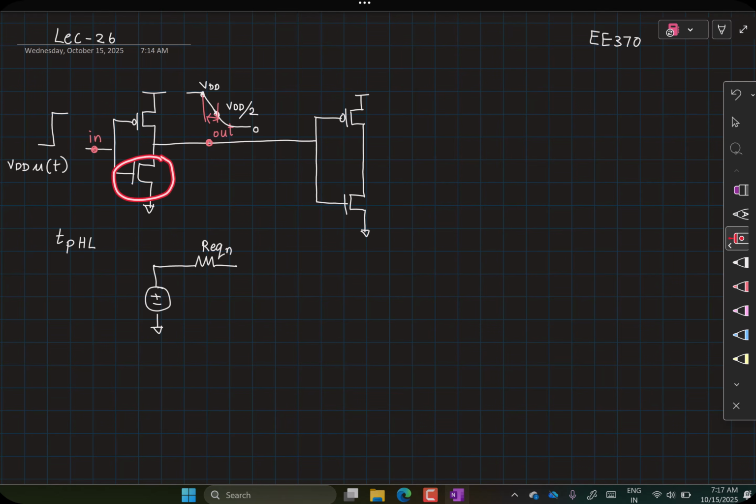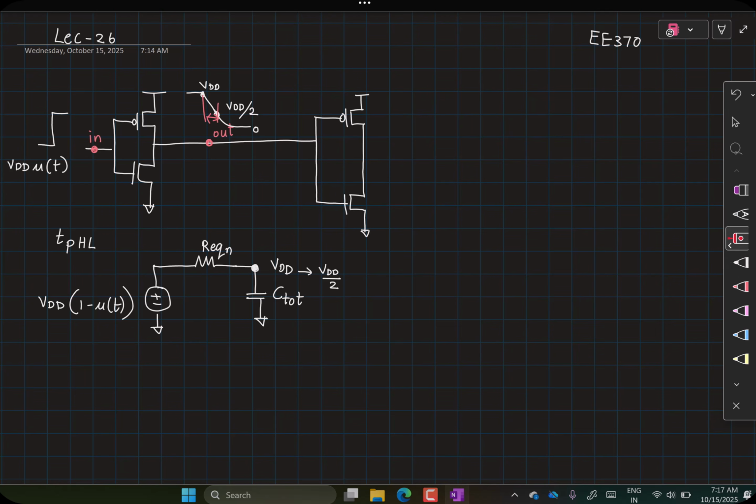Therefore, we look at the equivalent resistance of this NMOS transistor and some C total. So this voltage source will be of the form VDD times 1 minus U of t. The capacitor initially has a voltage VDD, and we are looking at the time it takes to discharge from VDD all the way till VDD by 2.